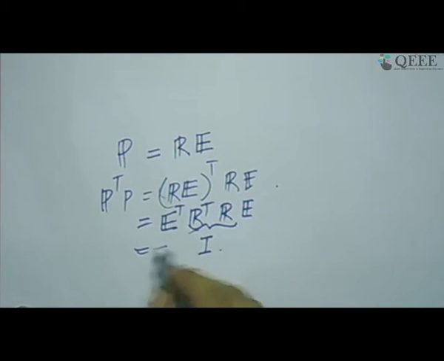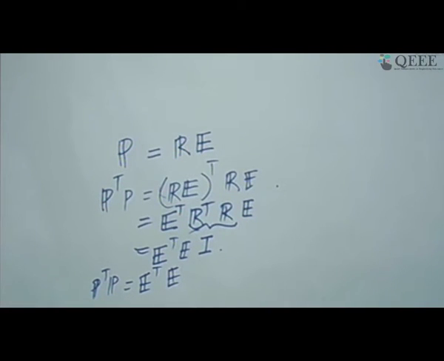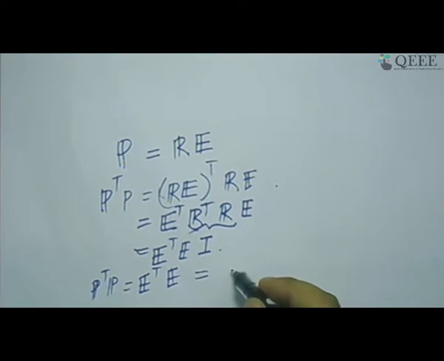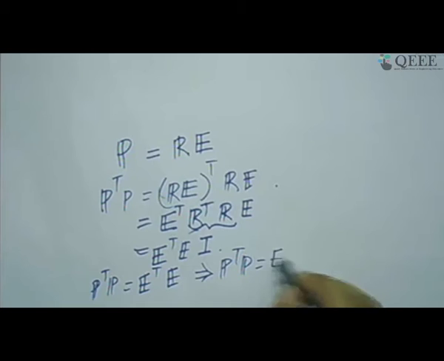So that means you have E transpose E. So P transpose P is basically E transpose E. For a pure deformation, you can show that E transpose is nothing but E. So P transpose P becomes E squared.